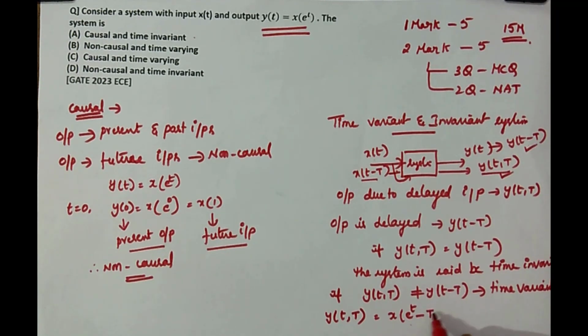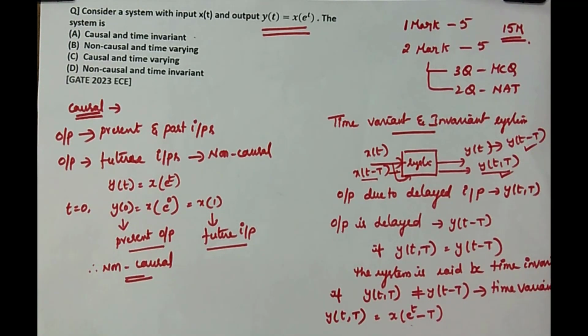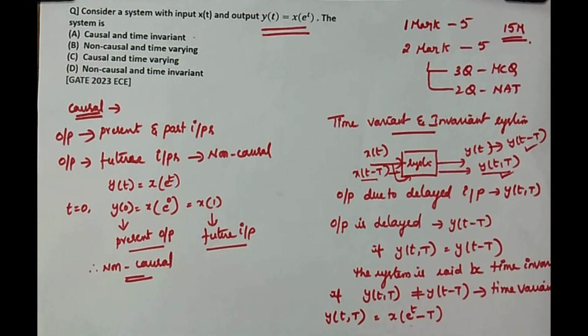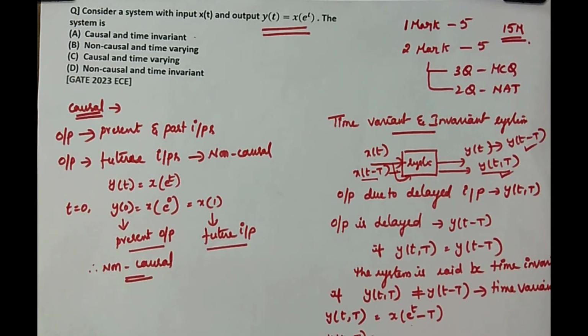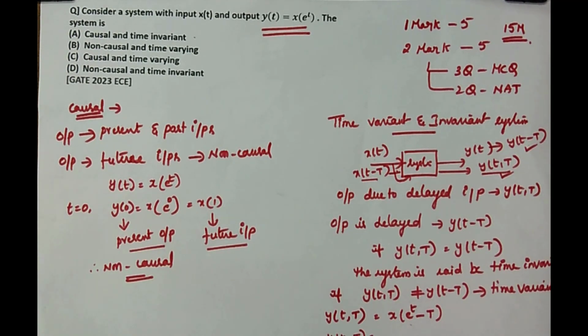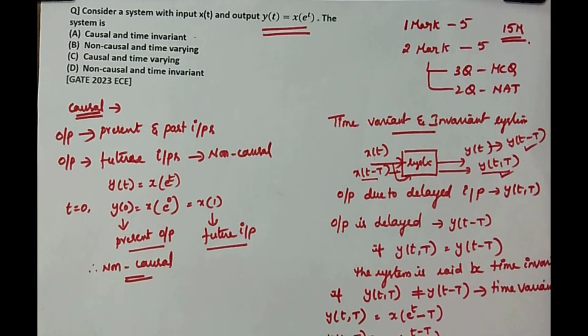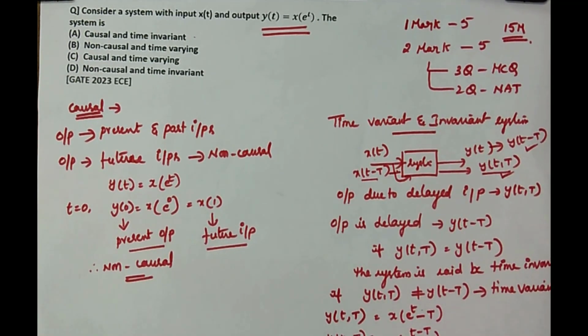Let it be x of e power t minus T. And what is y of t minus T? Simply it is delayed output. Y of t minus T is x of e power t minus T. Okay, so this is the output due to delayed input. This is the delayed output.